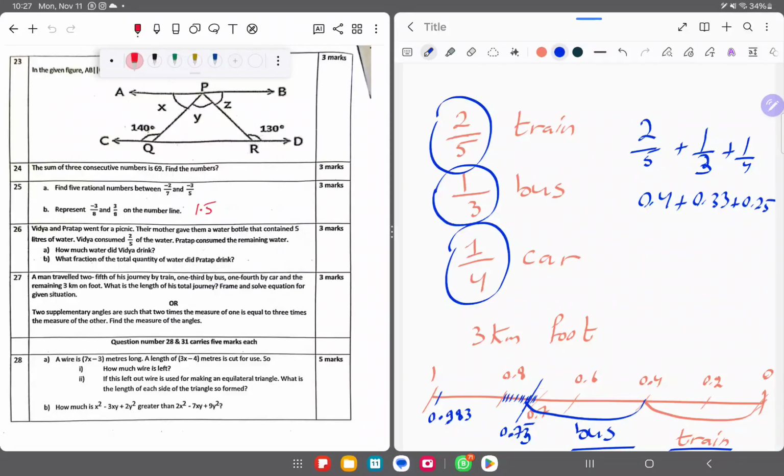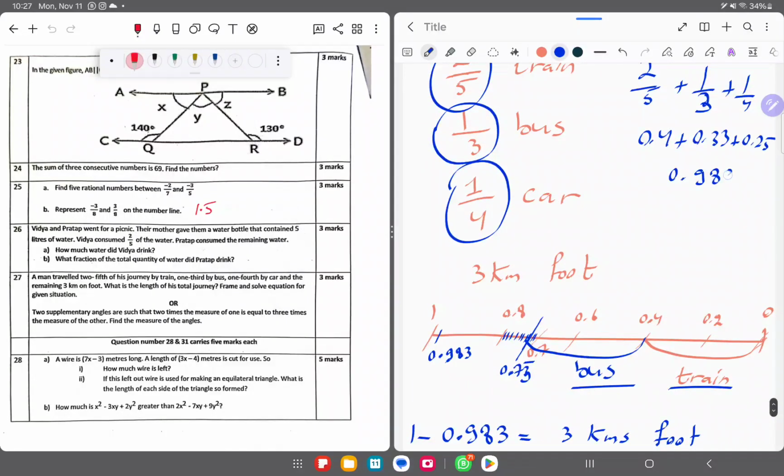If I do them all together, look what I will get. 0.983. It's usually better to have 3 or 4 numbers after the decimal. Usually, 3 numbers is a good thing. So I got the 0.983 without even doing this one, but I need you to show this one.